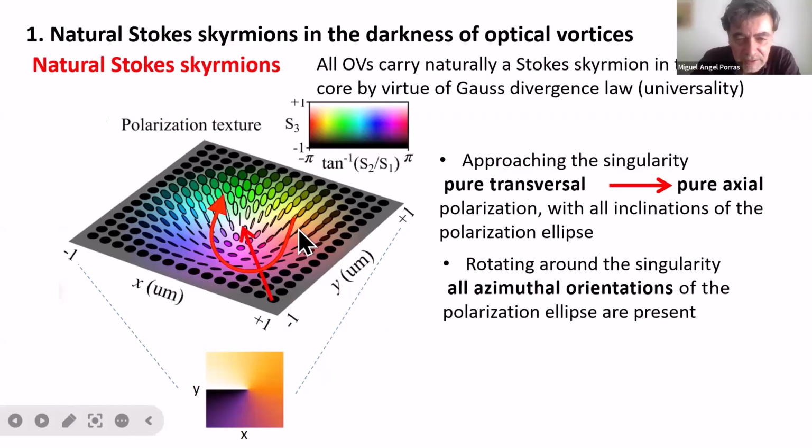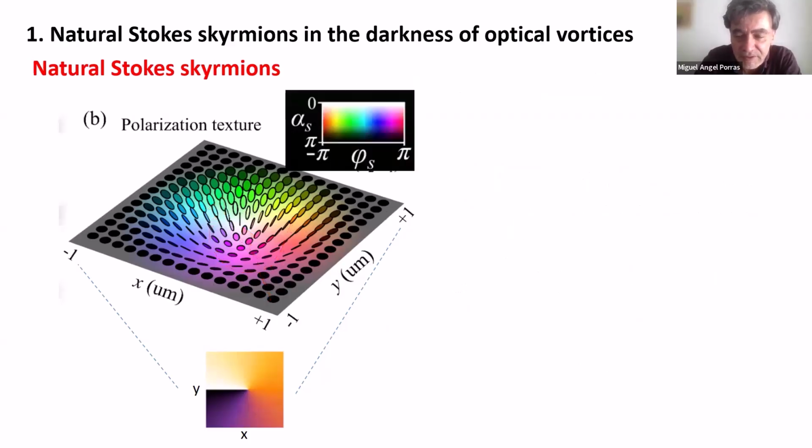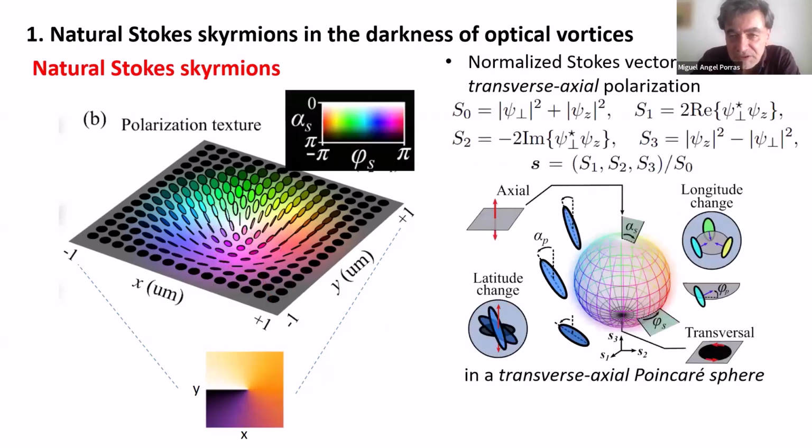Also, rotating around the singularity, all azimuthal orientations of the polarization ellipse are present. So this is quite different, because it's a Stokes Skyrmion of transverse-axial polarization. If we define normalized Stokes vectors of transverse-axial polarization, the definition is the standard one. We don't write X and Y, but transversal polarization and axial polarization.